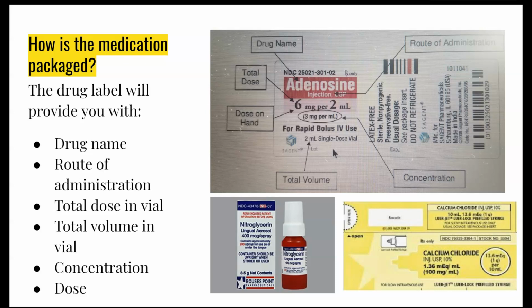So if you had to give a patient 6, 12, and 12, you're going to need 2 milliliters for the first dose, 4 milliliters for the dose after that, and another 4, bringing you to a grand total of 10 milliliters of adenosine for that entire protocol. Okay, so this is when we make sure that you have an adequate amount of medication on the truck.